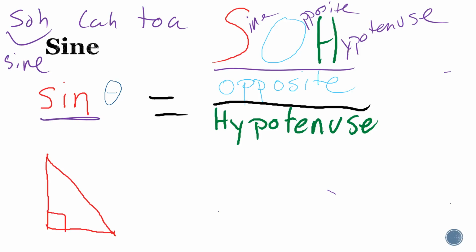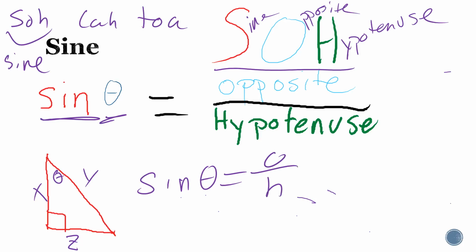So you have the sine of any angle, so we're using theta because that's what we use for angles, is going to be equal to the opposite divided by the hypotenuse. So if I have this right triangle, let's call it x, y, z, and I have my theta up here, then I would say that sine theta would be equal to the opposite over the hypotenuse.